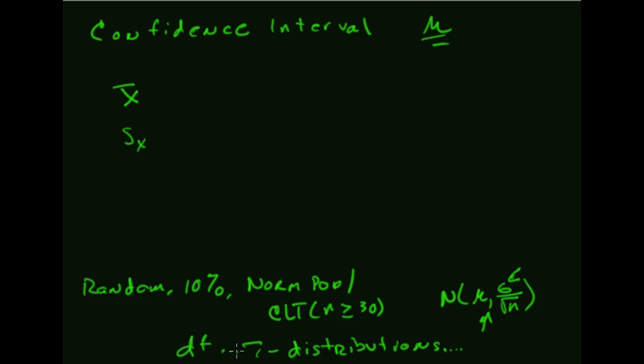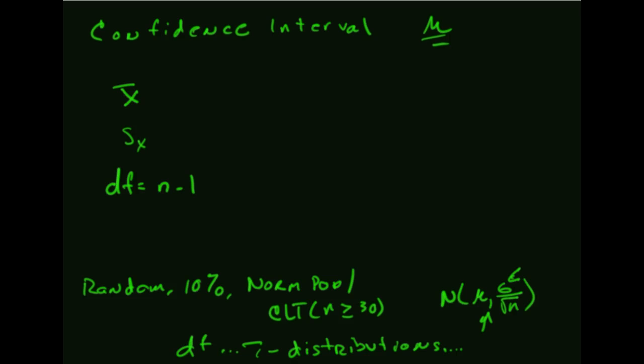If you play this out, the more degrees of freedom you have, the closer it becomes to the standard normal curve.